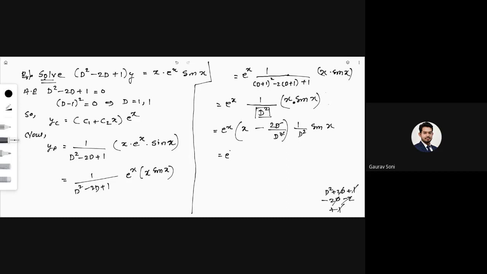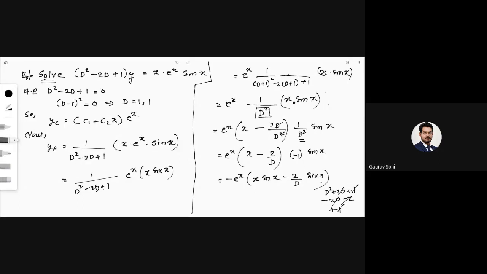So what we have is e to the power x, x minus 2 by d square here replaced by minus of a square, and it is 1, so minus 1 sin x. So minus will come outside: minus e to the power x, open the bracket, x sin x minus 2 by d sin x.